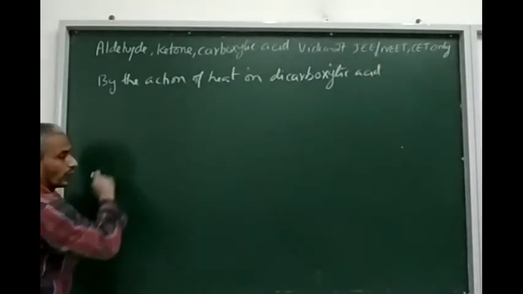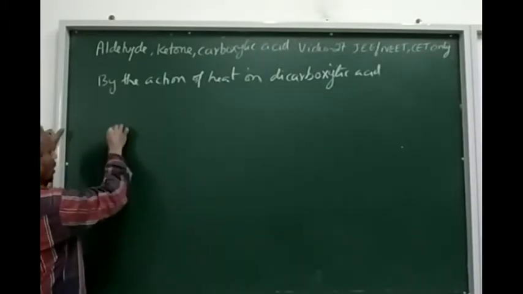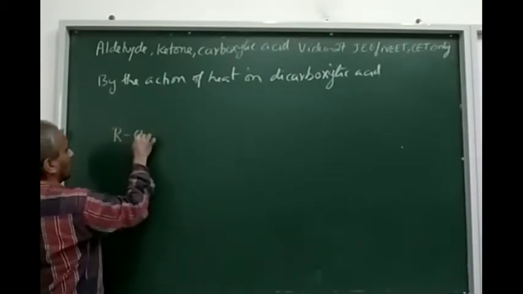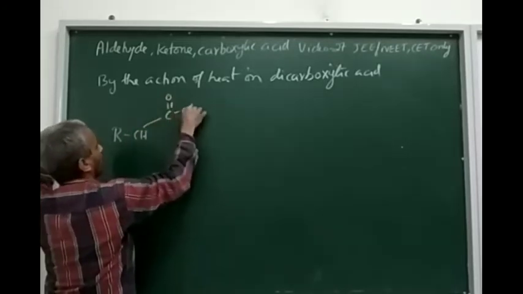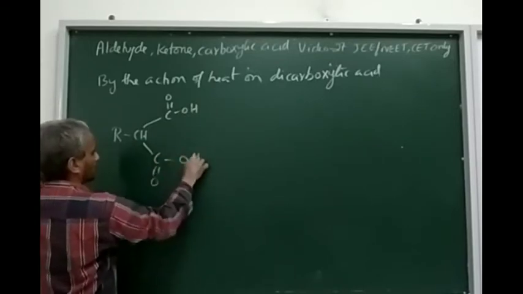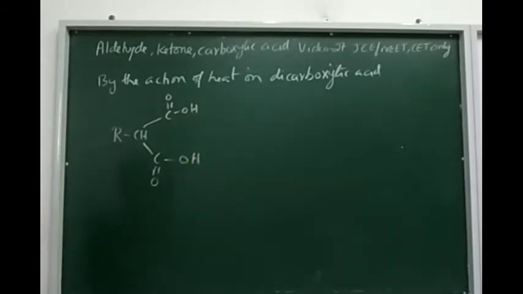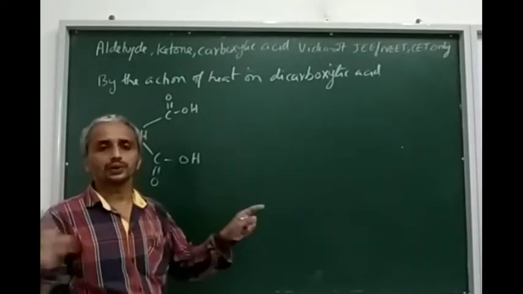What is a dicarboxylic acid? Two COOH groups should be there. Decarboxylation means carbon dioxide should be removed.